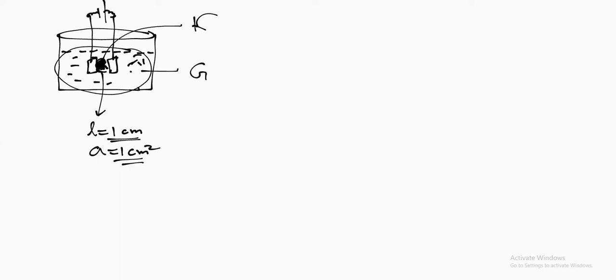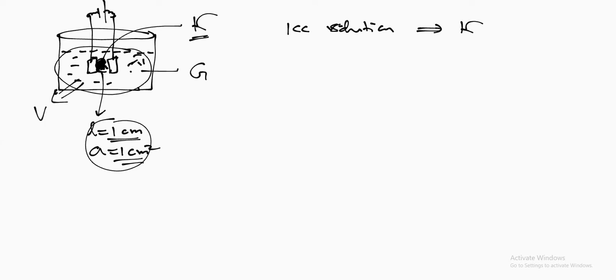So listen, we can write, see this is conductance. Suppose the volume between the two electrodes is 1 cc, 1 cc solution shows a conductance which is kappa. What is the conductance of the whole solution? Suppose the total volume of the solution is V. So what is the conductance shown by V cc of the solution?